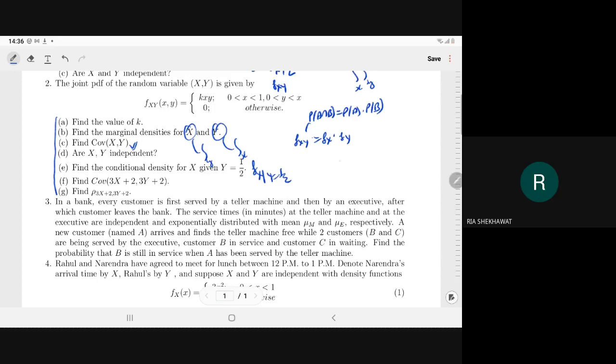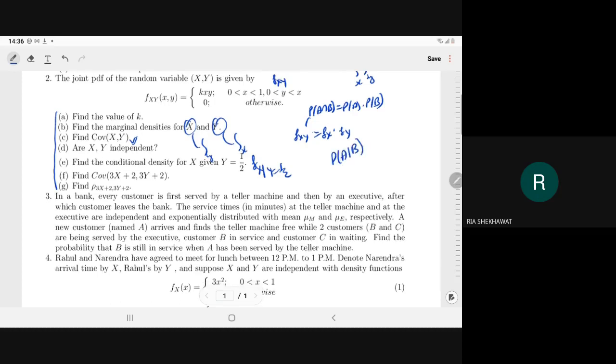You know that conditional probability we defined as: probability of A given B is equal to probability of A intersection B divided by the probability of B. Here the condition given to you is Y is equal to half, so you have to compute the density f of X for the given Y is equal to half.